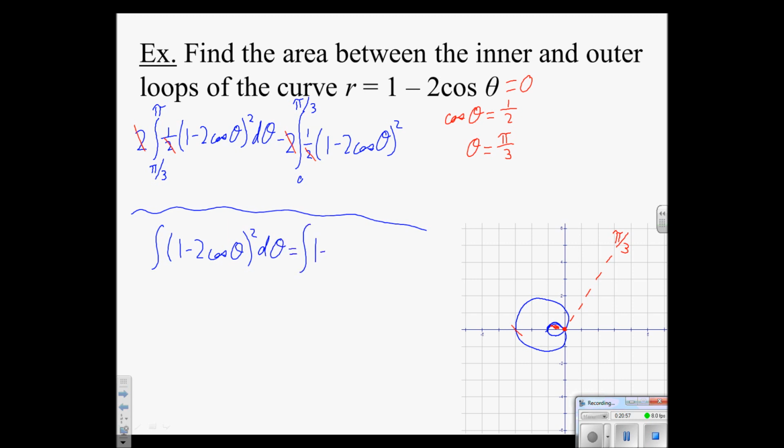So it'll be 1 minus 4 cosine theta plus 4 cosine squared theta. Then to integrate cosine squared, we use the half angle identity: 1 minus 4 cosine theta plus 4 times 1/2 of 1 plus cosine 2 theta.